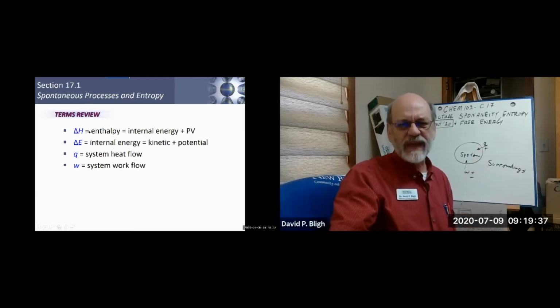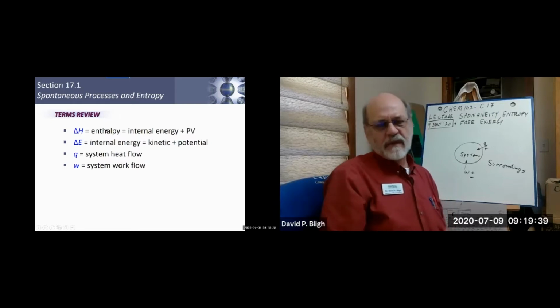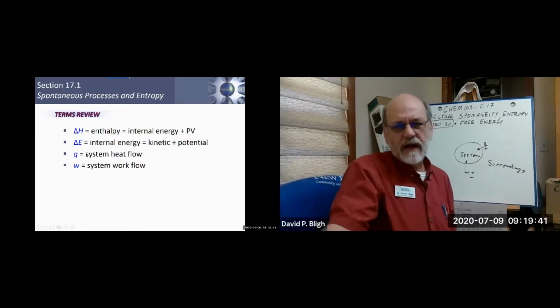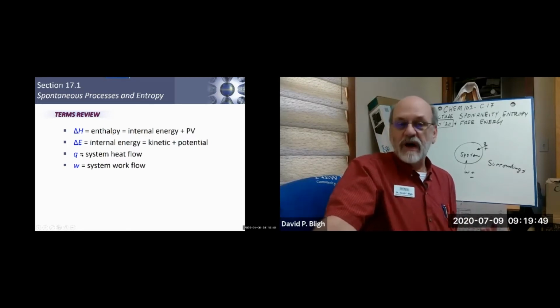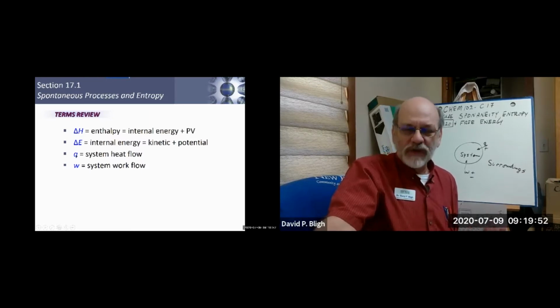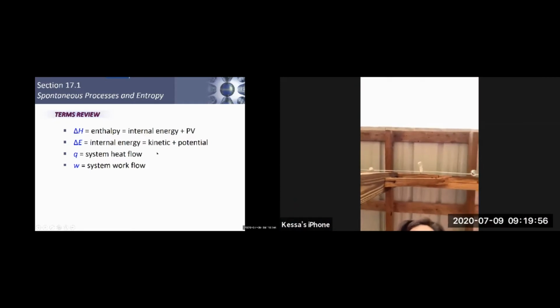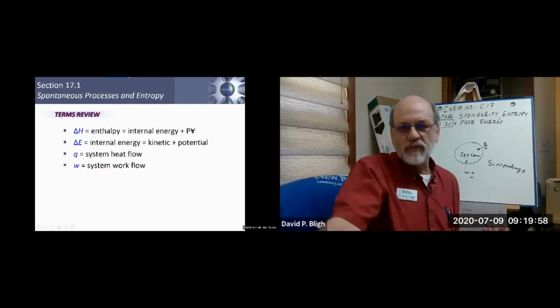Then there's this term enthalpy, which is not necessarily equal to Q, right? It is a thermal property, right? But Q and delta H are only equal if this term, pressure times volume, does not change.